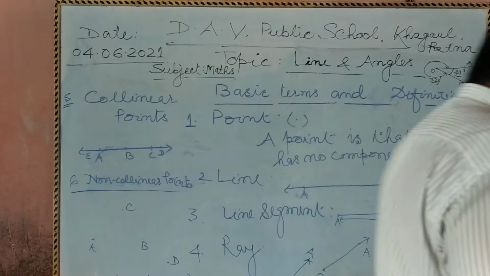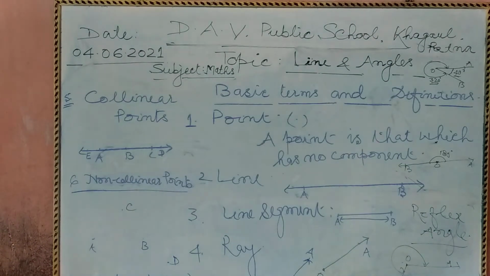But in geometry, we define what is a point. A point has no components, means it is dimensionless. It has no length, no breadth, no height. It has no directions. Okay? Only putting the dot is known as a sign.